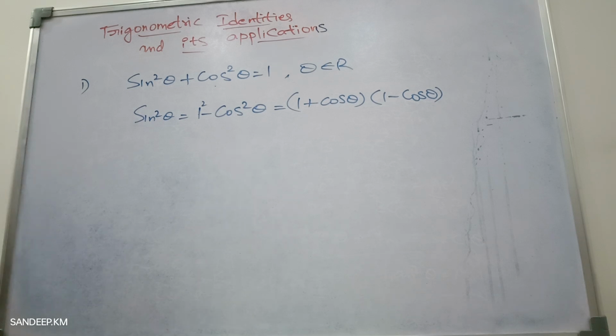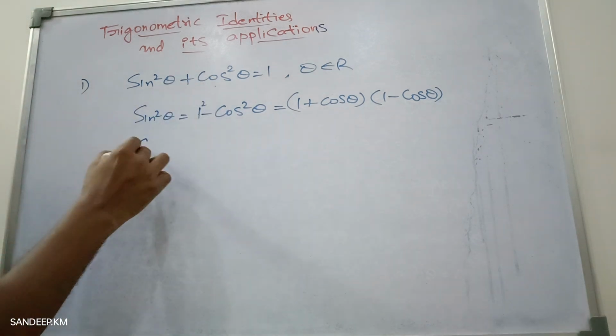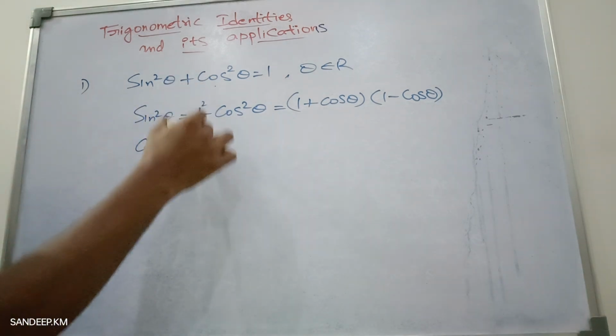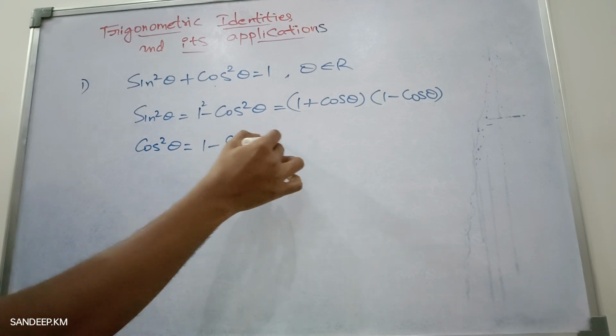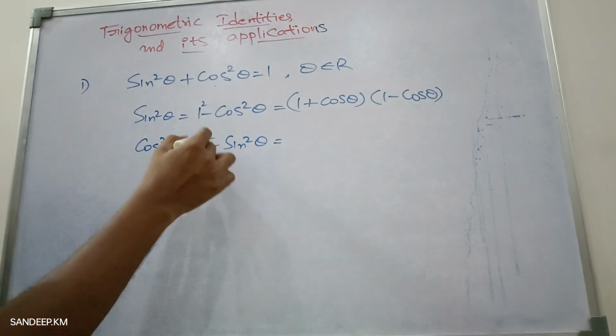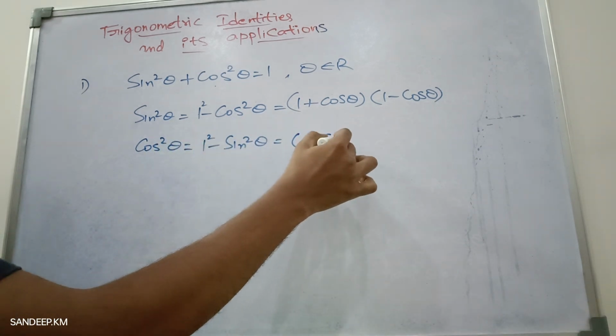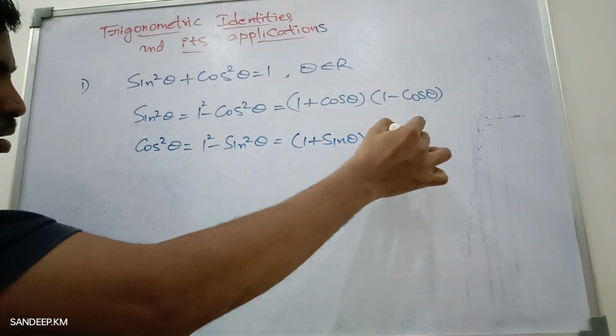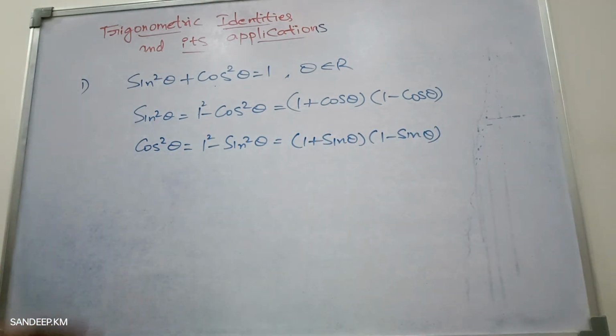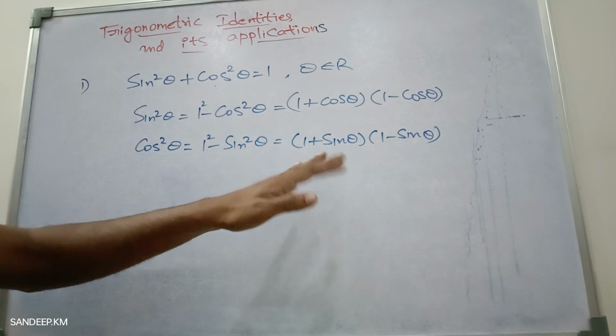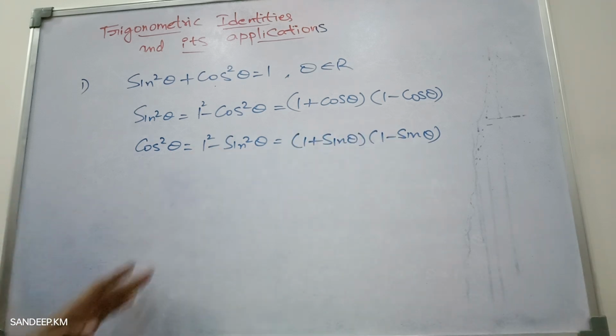This is the reason. Same way, dear students, from here cos square theta is equal to 1 minus sin square theta. And 1 means 1 square. Using a square minus b square, you can write it as a plus b into a minus b. So while solving the problems, if you find 1 plus sin theta, it might be helpful if you multiply it with 1 minus sin theta.